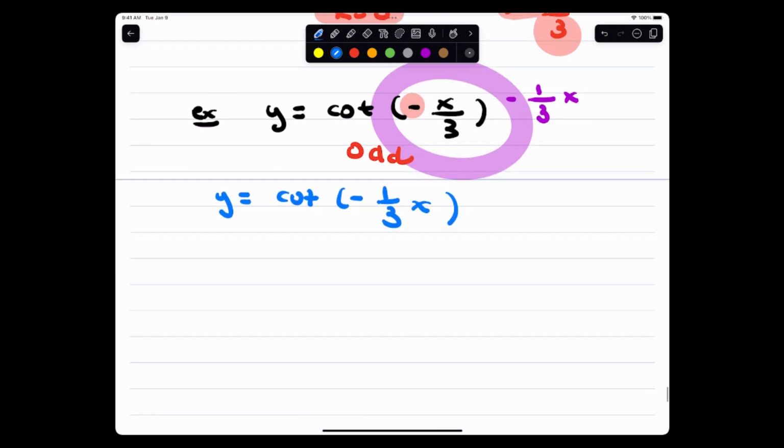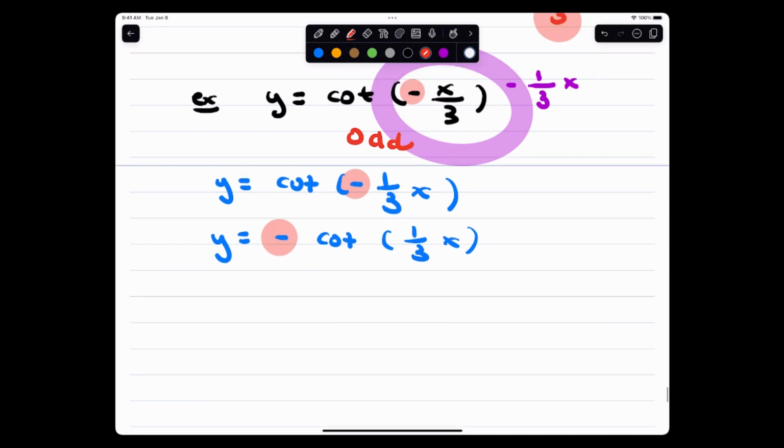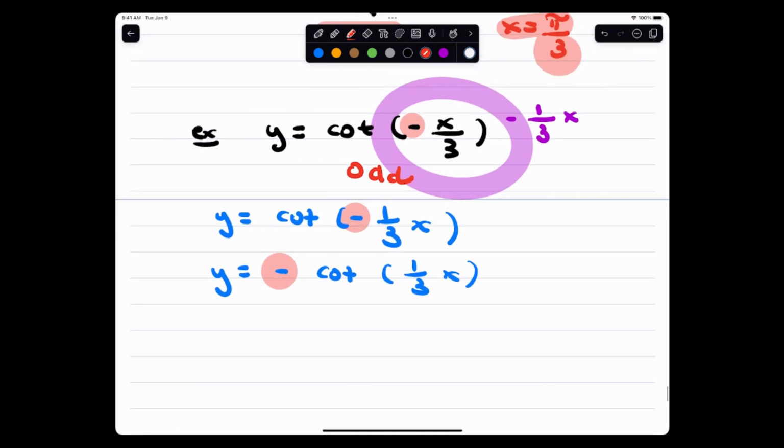It's odd, so that means bring out your what? Bring the negative sign out in front, because it is an odd function. So I'm using all those ideas that we worked on in the past. You're like, wow. All of those ideas, ladies and gentlemen. So what's this k value now? This is going to be my what? My k.